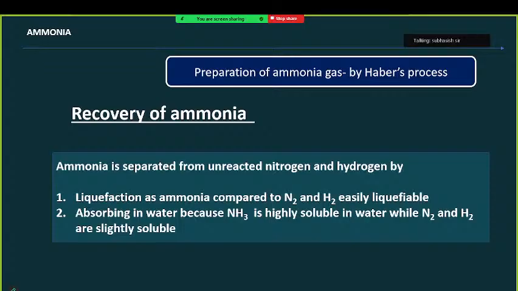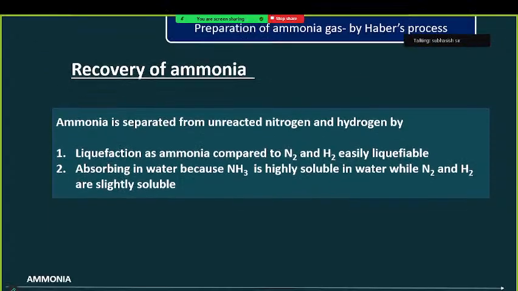If any unreacted nitrogen and hydrogen is mixed with the ammonia, then the ammonia is liquefied, and the other gases like nitrogen and hydrogen should be removed from the ammonia. So this is the process of recovery.